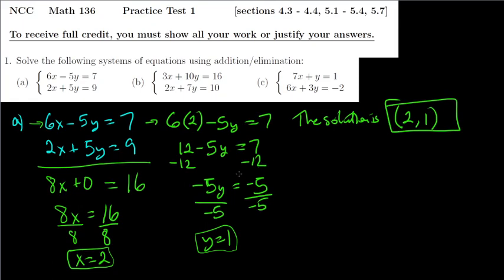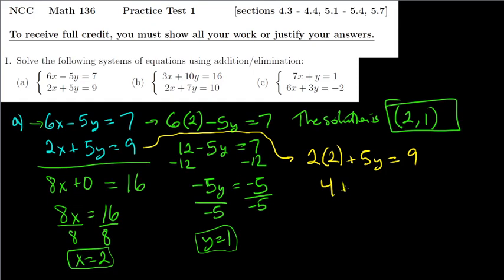And that's it. Right? So you should check, of course, by plugging both the x equals 2 and y equals 1 into both equations. What I'm going to do is show you that you could have just as well used the bottom equation if you replace x with 2. Right? You get 4 plus 5y equals 9.